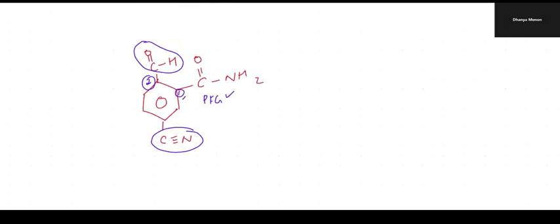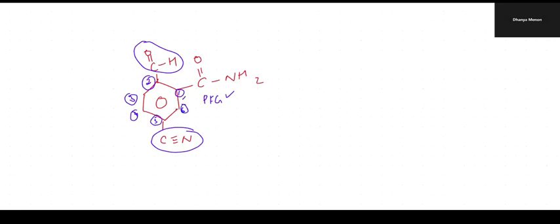Because if we number from this side, 2, 3, the cyanide is getting the third position. So we will not number from this side. Instead, we will number from this side. 3, 4, 5, 6.